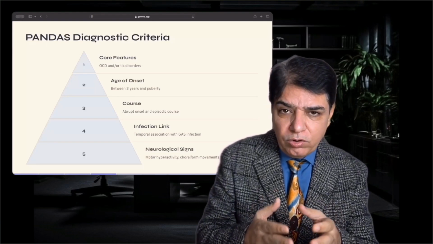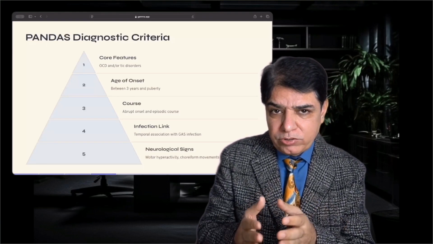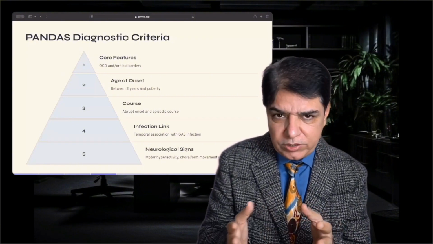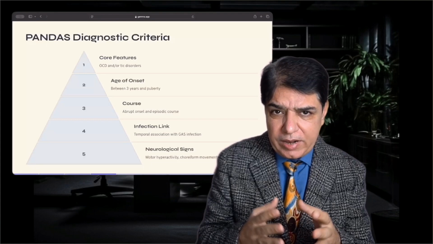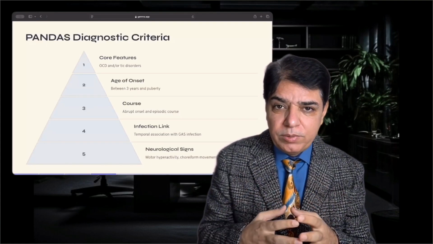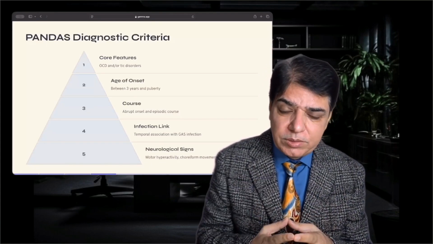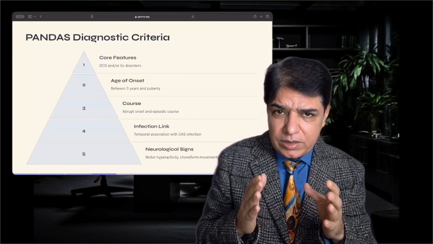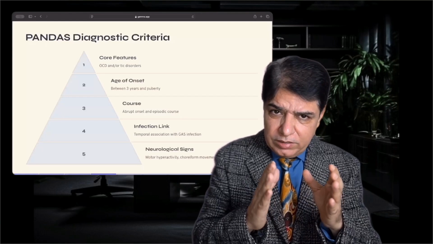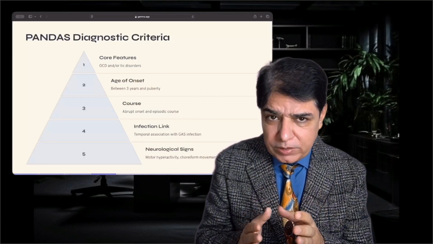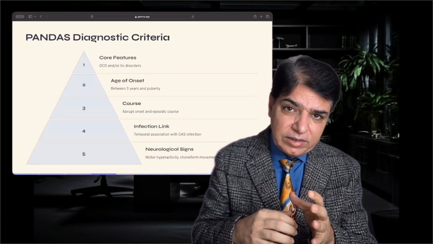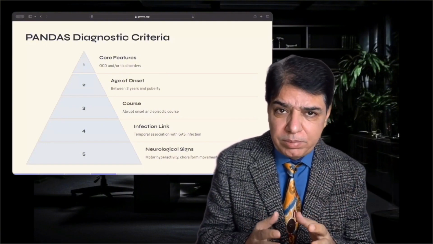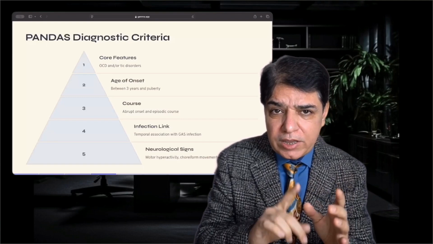And there is always an evidence of a past streptococcal infection. So group A beta hemolytic streptococcal infection has somewhere occurred in the past. And again, because it's a subset of PANS, there would be abrupt onset of symptoms, and usually the age group in which this occurs is somewhere between 3 years and puberty. So in PANS and PANDAS, remember, the onset is always before puberty, though once this syndrome starts, it can actually go into adult life as well, but the onset is always before the age of puberty.